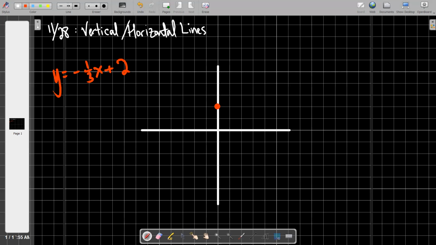So the slope is -1/3. How do we interpret that? How do we make a graph out of that? It's negative, so we know it has to go like this, right? It has to go downhill. So let's get that out of the way first.